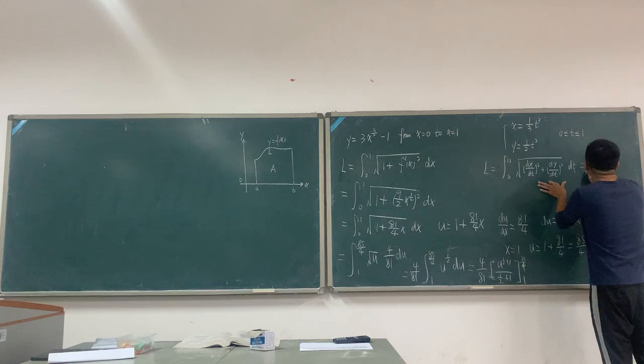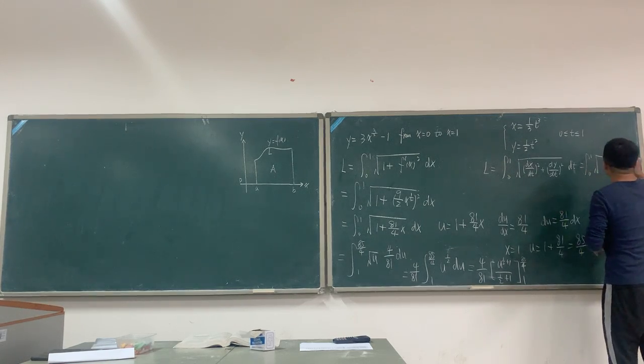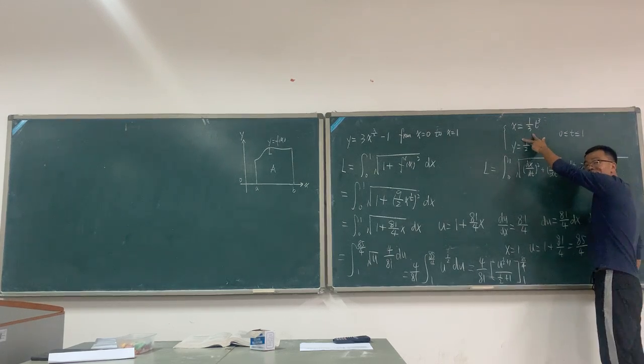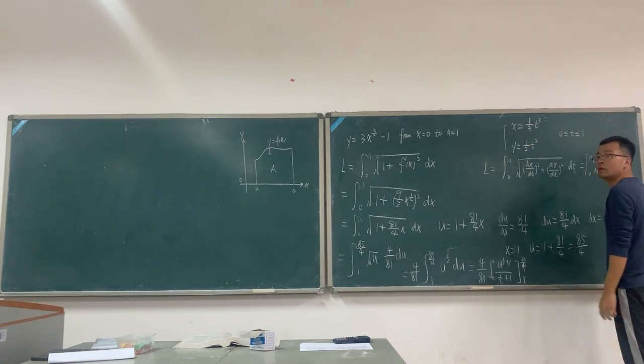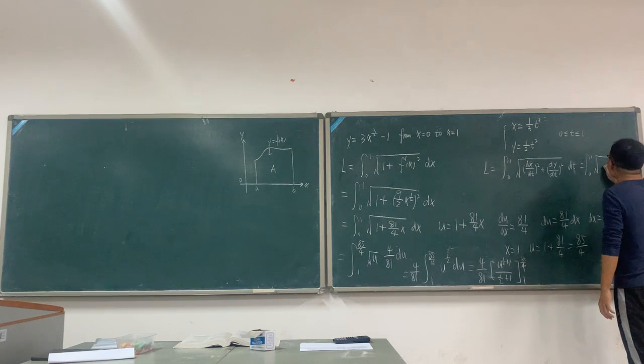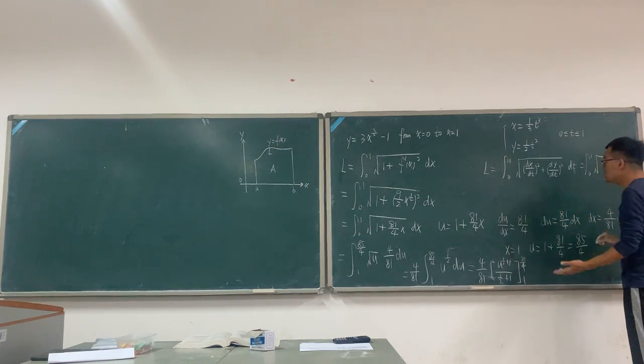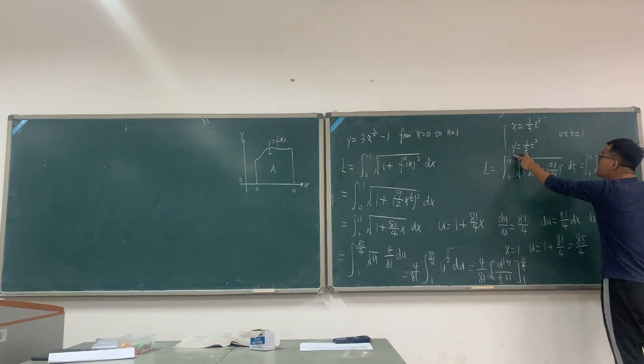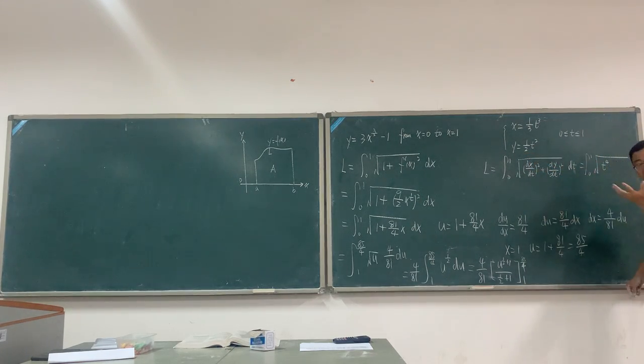So here, from 0 to 1, the square root of: dx/dt is t squared, so t squared squared is t to the fourth power. And for y equal to 1/2 t squared, dy/dt is t, so plus t squared, dt.